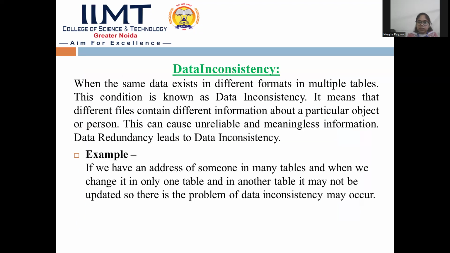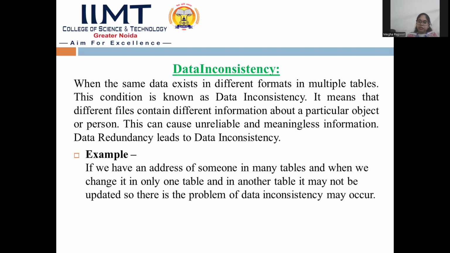Next one is data inconsistency. When the same data exists in different formats in multiple tables, this condition is known as data inconsistency. It means that different files contain different information about a particular object or person. This can cause unreliable and meaningless information.